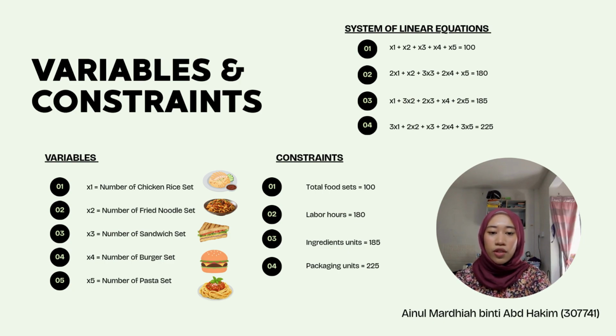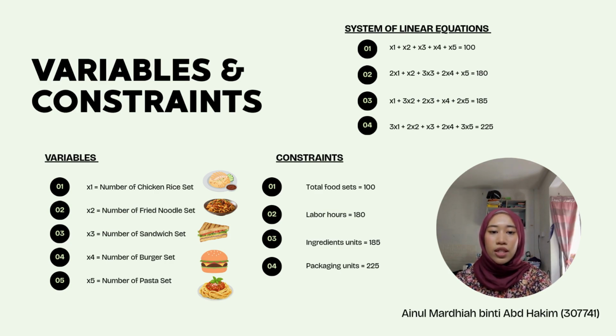Based on the variables and constraints discussed earlier, we can formulate the following system of linear equations. The first equation represents the total number of food sets prepared, which is equal to 100. The second equation represents the total labor hours required for producing the food sets. The third equation represents the total ingredient units used. The fourth equation represents the total packaging materials consumed.